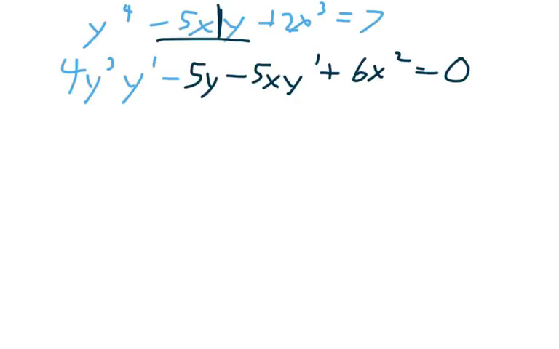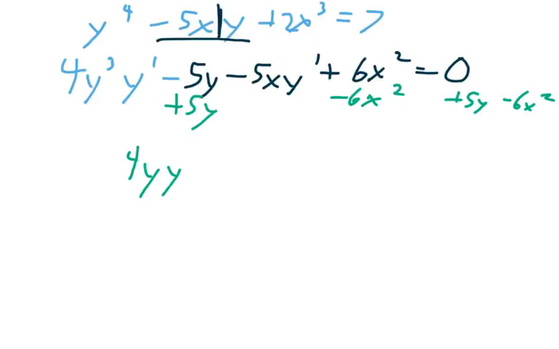So add 5y, subtract 6x squared, because those are the ones that don't have y prime. So we got 4y cubed y prime minus 5x y prime equals 5y minus 6x squared.